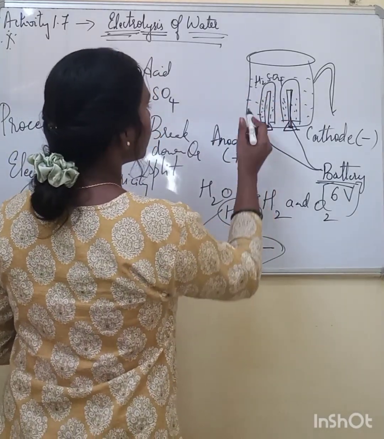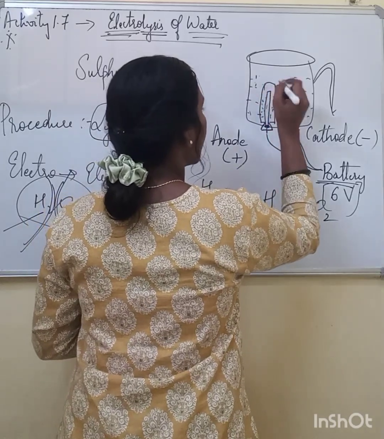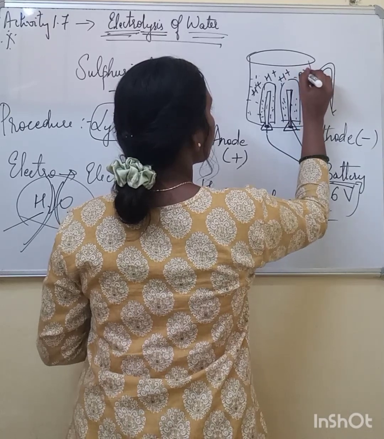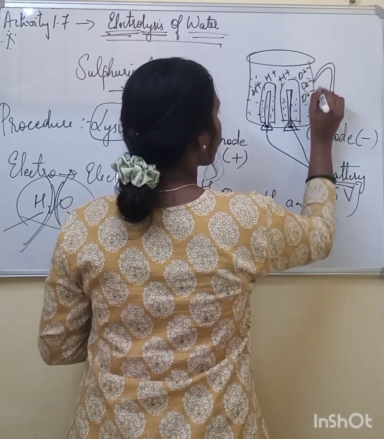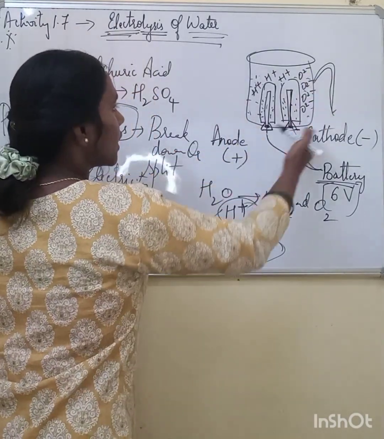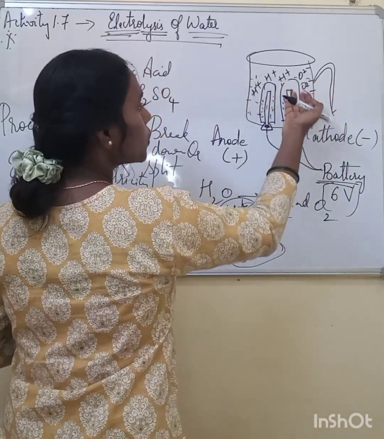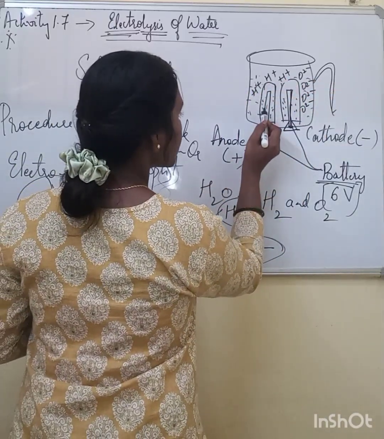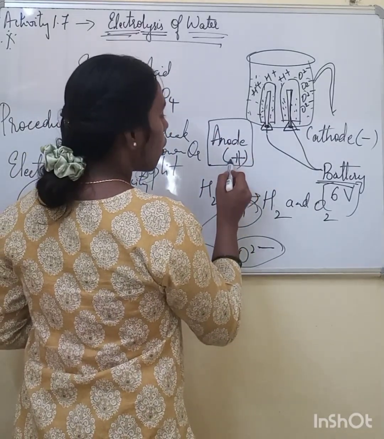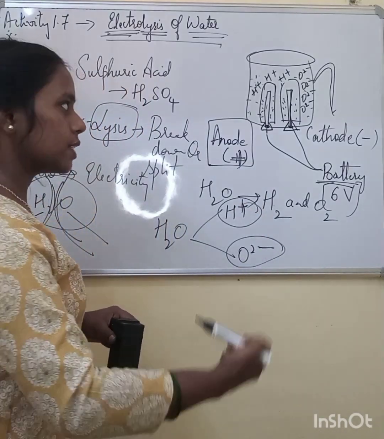So now water, here we can see, is split and there is release of H+ ions and release of O2- ions. Now here we have H+ ions and O2- ions. So which ion will move towards which electrode? We can see this is the anode, which is positively charged. Always opposite charges or opposite poles attract.